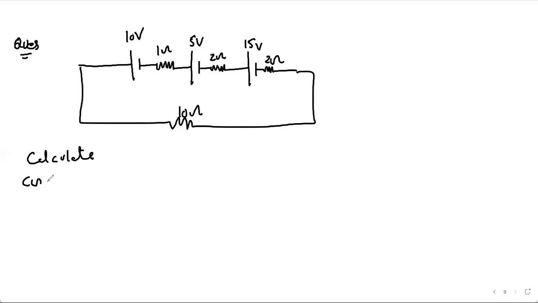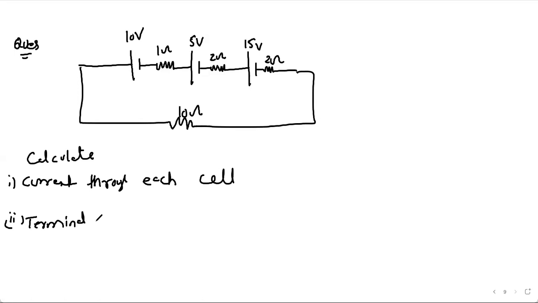Calculate current through each cell. Second, terminal potential difference across the 10 volt cell.